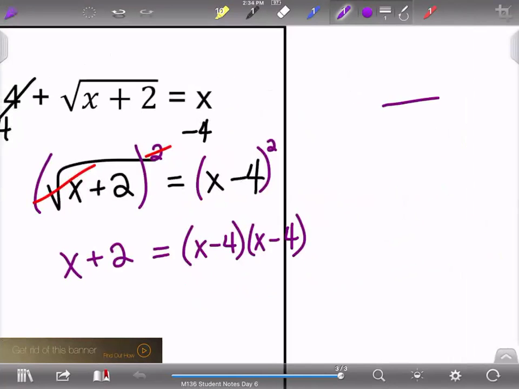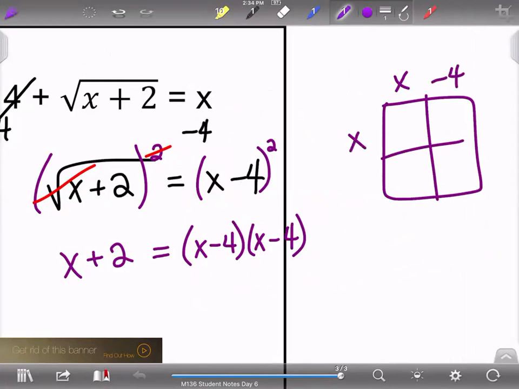So if you draw yourself a quick box out to the side, you're going to get x squared minus 4x minus 4x and positive 16.